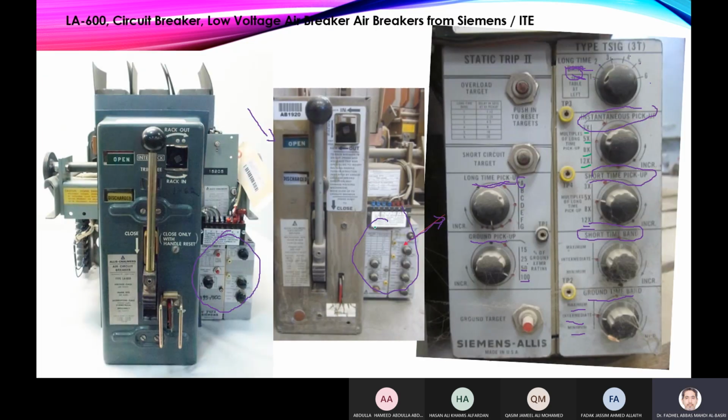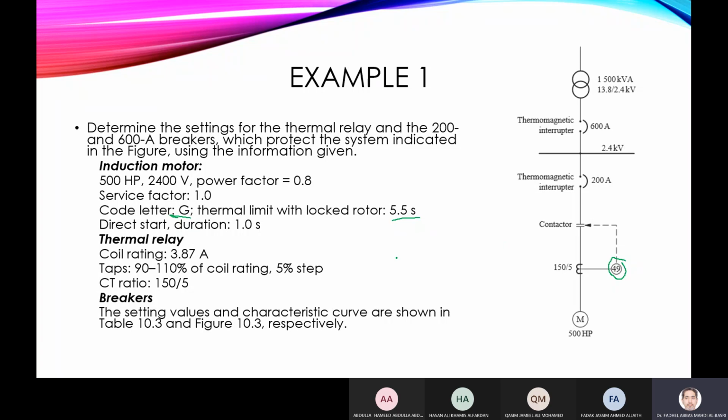In this thermal relay, you have settings from 90% to 100% in steps of 5% of this value. So I have to find the current here corresponding to the full load current, and then see this current as a percentage of the rated current of the current coil of this relay.